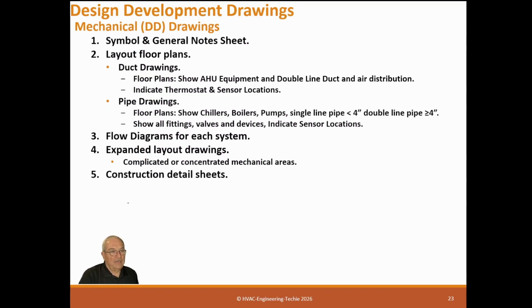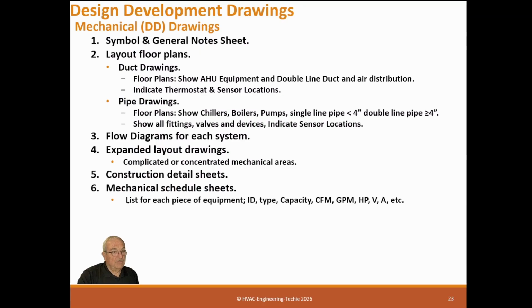Construction detail sheets to make sure we understand how to detail the actual details around a piece of equipment. Mechanical schedule sheet needs to list each piece of equipment, ID, type, capacity, CFM, GPM, horsepower, voltage, amps, everything we need to know about that needs to be on the schedule.